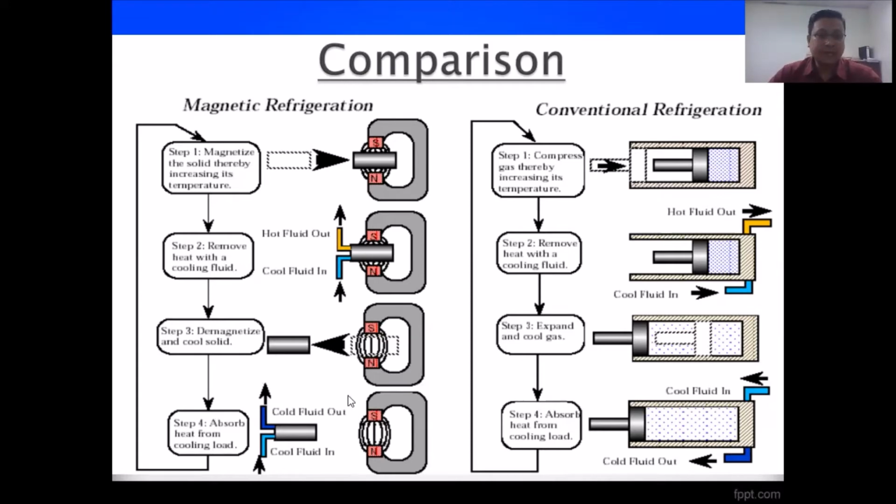And then after we remove the container of refrigerant from the magnetic field, the refrigerant goes back to the initial temperature, back to a low temperature. So we try to utilize this temperature for the refrigeration system. Okay.